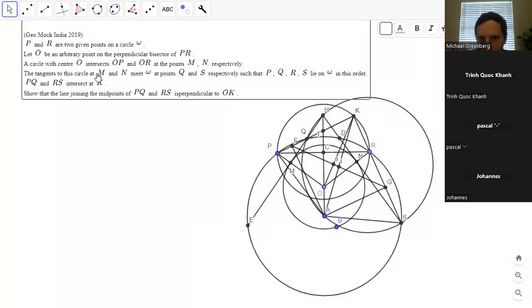So that's OMN plus, okay, RPK is QPR, which is QSR.